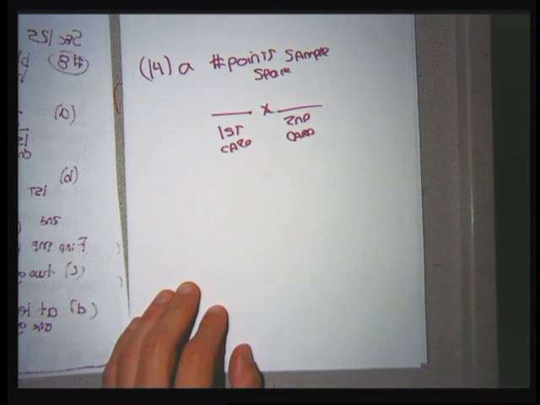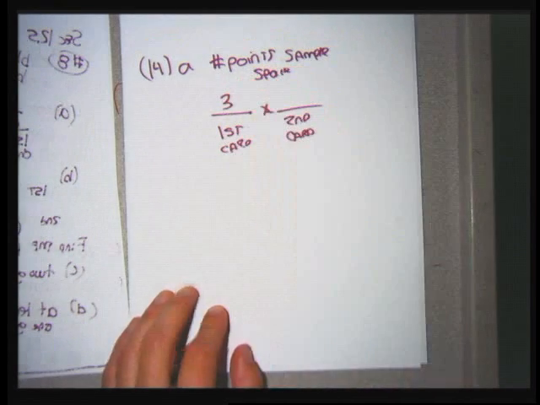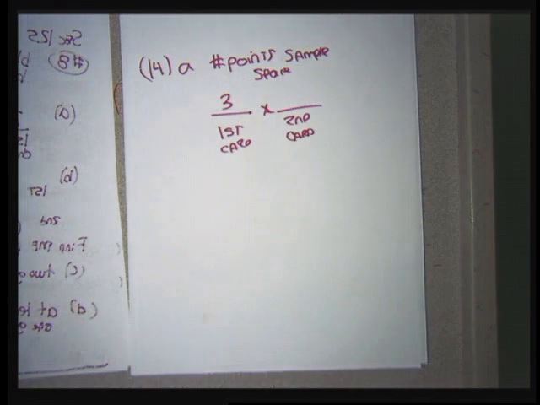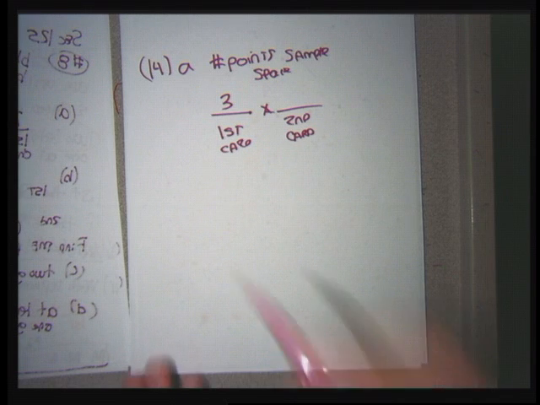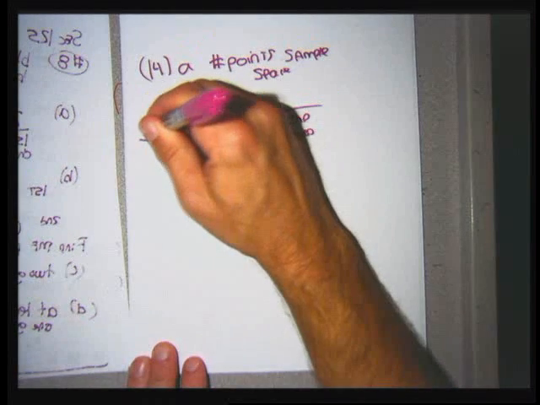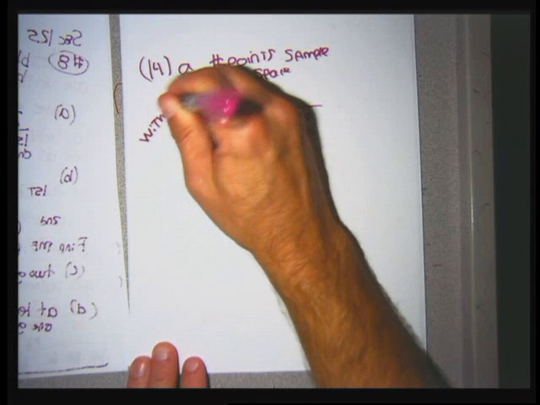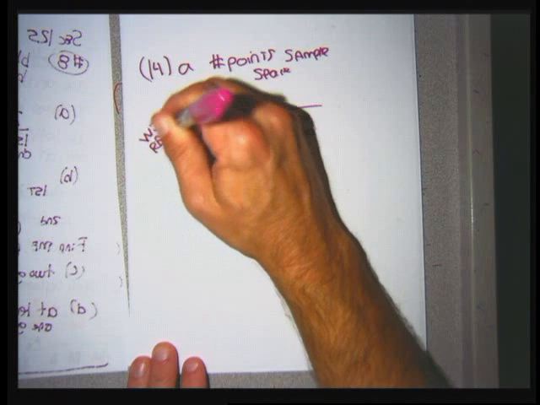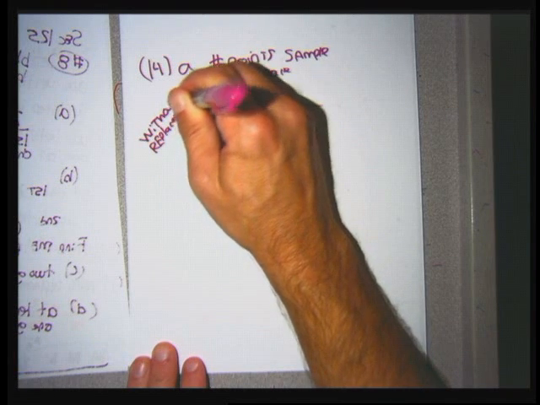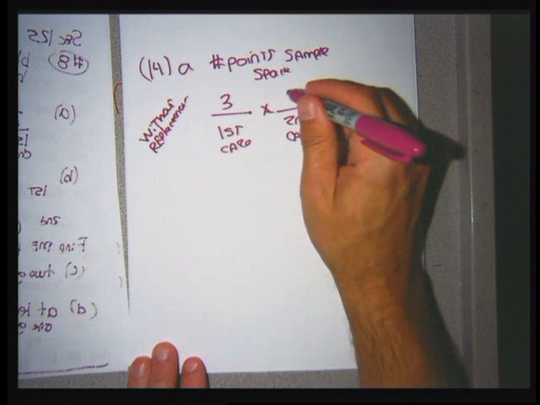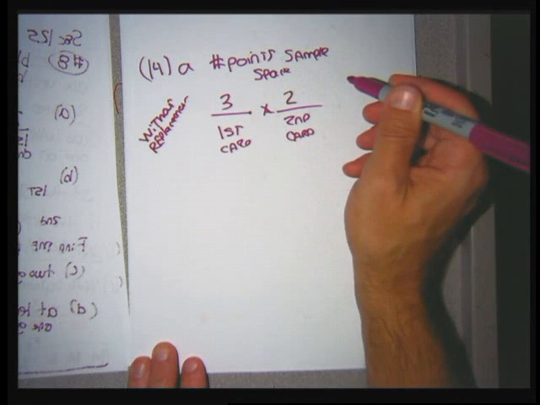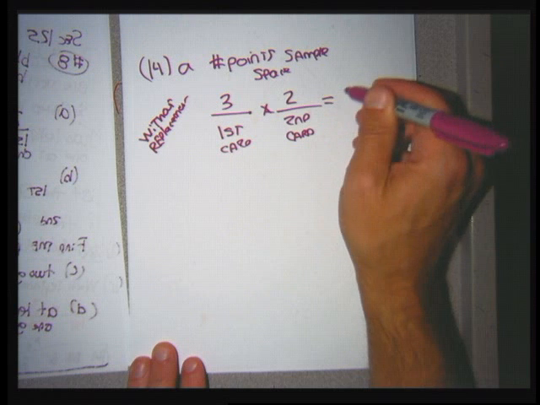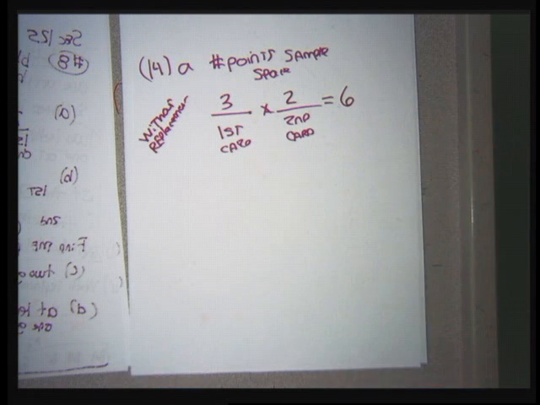Whether I have with or without replacement, there's 3 cards to pick for the first card. If this was problem 13, it's with replacement, I'd have a 3 again. Problem 14, the author says I'm picking cards without replacement, which means once I've picked a card, I'm not putting it back. So for my second card, once I've picked one of the 3 cards, there's only 2 cards left. I'm not putting back the first card. There's going to be 6 elements in my sample space.